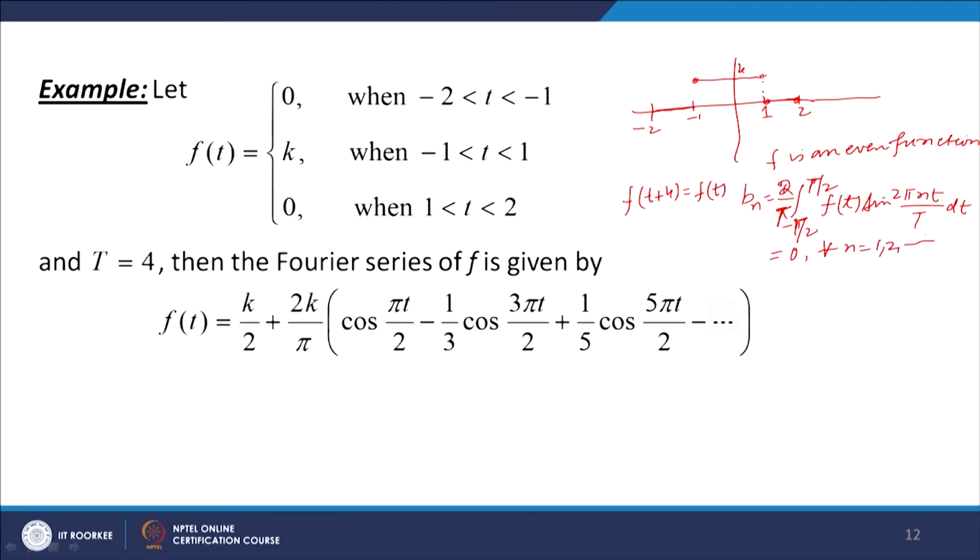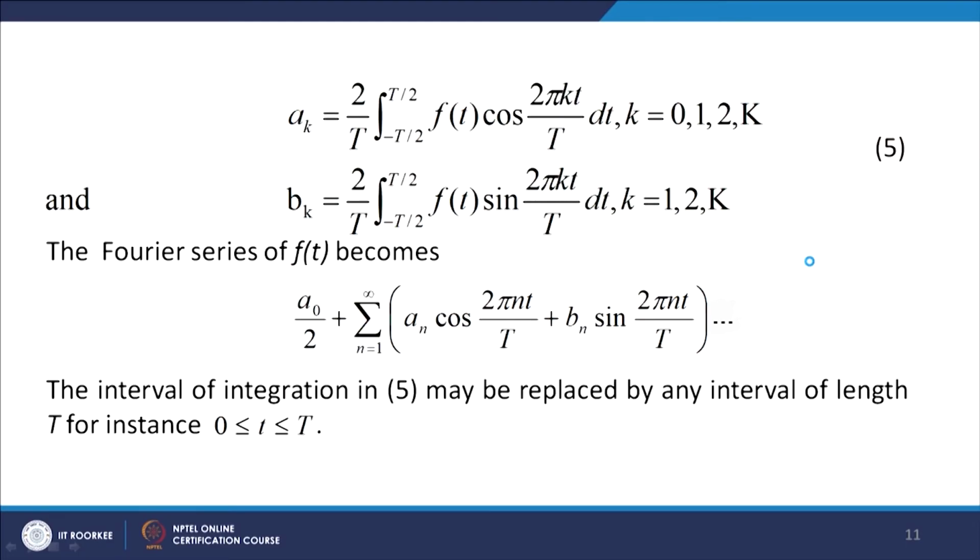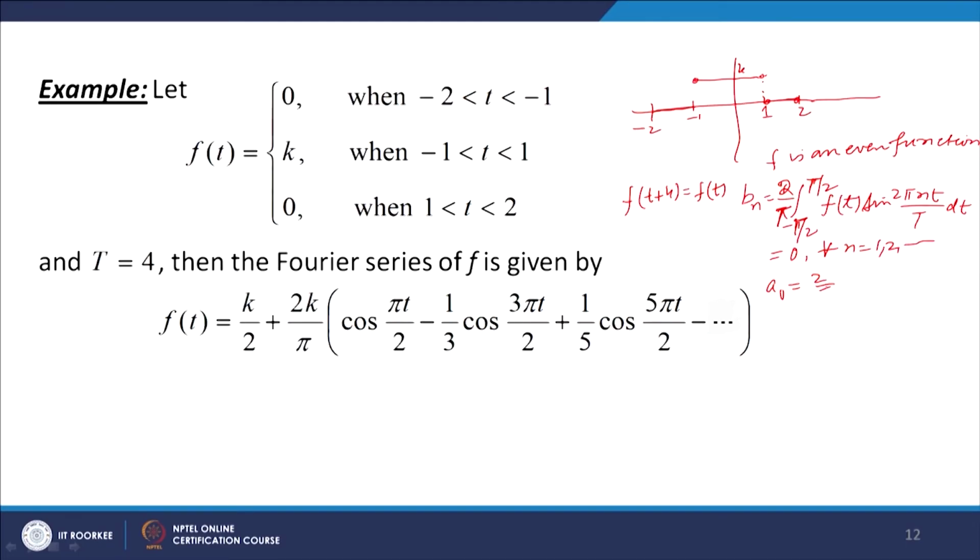So, we need to calculate only a naught and an. A naught equals 2 over T, integral from minus T by 2 to T by 2 of f(t) dt. Here T is equal to 4. So, 2 over 4, and the integral is from minus 2 to 2 of f(t) dt.